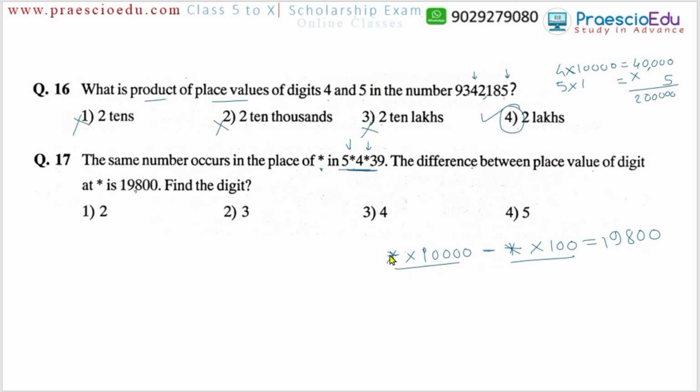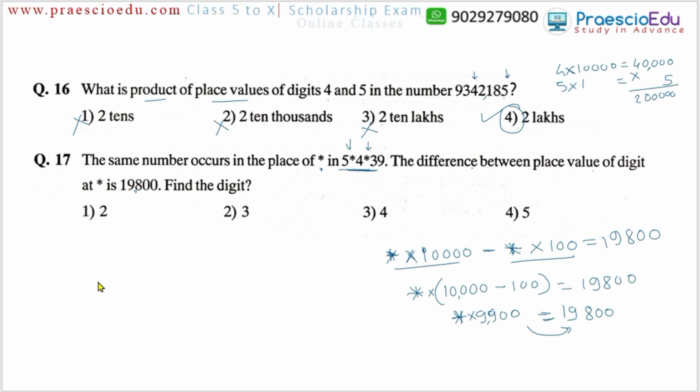This digit is the same, so make it common: star in a bracket, 10,000 minus 100, is equal to 19,800. 10,000 minus 100 is 9,900, multiplied by this unknown digit, star, is equal to 19,800. This is a multiplication, so if we move 9,900 to the other side it will divide.